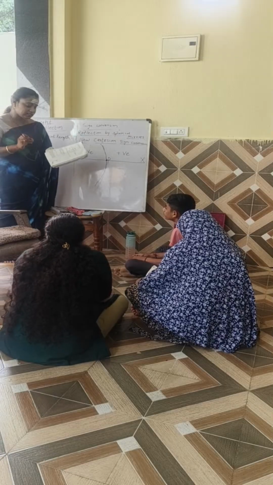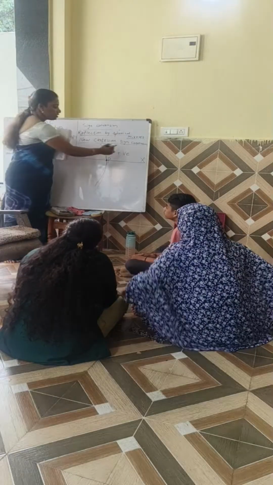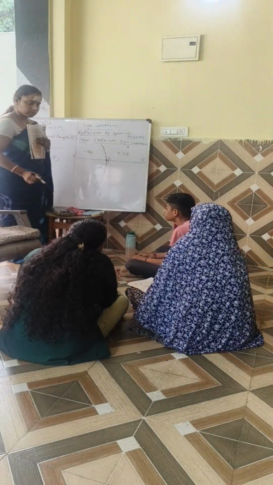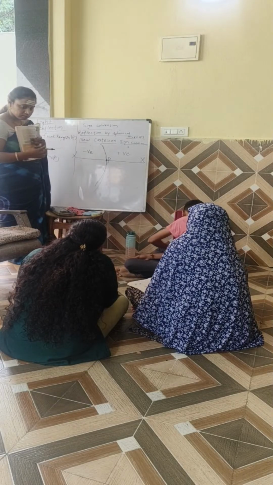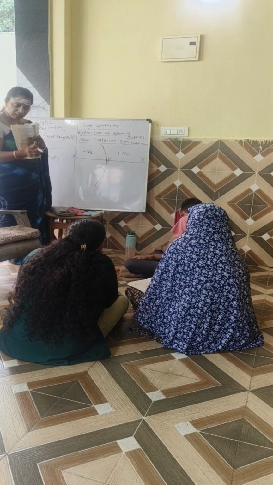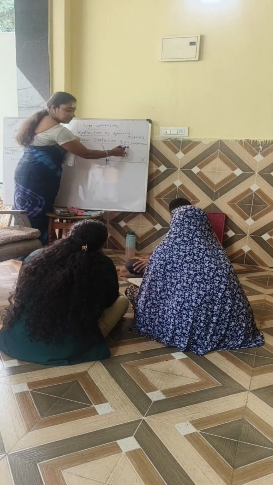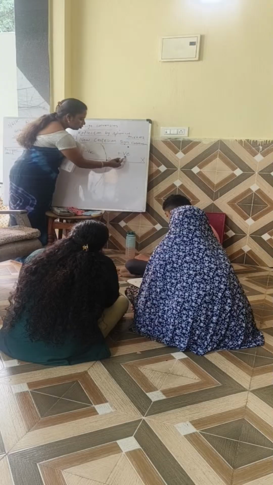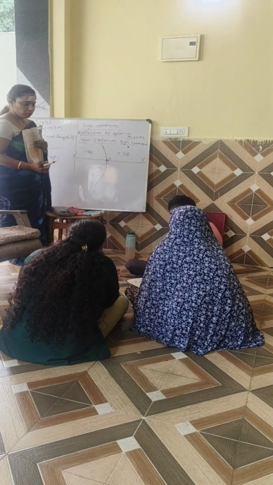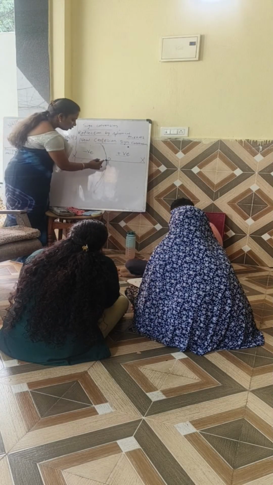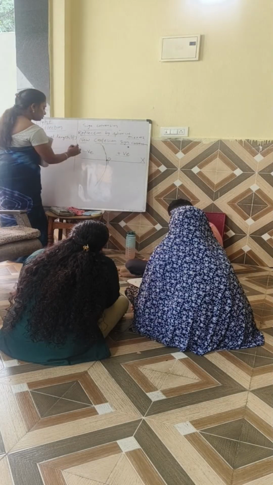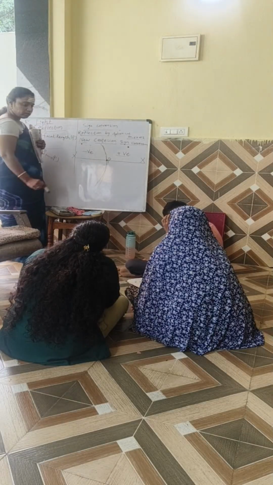All the distances. Suppose the image is formed here, on the right side. That means positive only. You will measure the distance from P to F. Suppose it is formed here on the left.